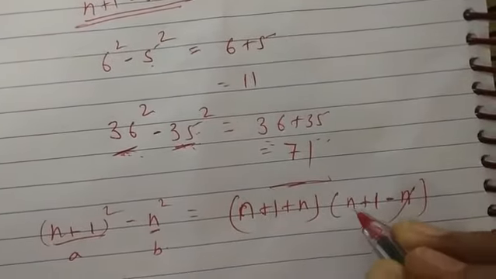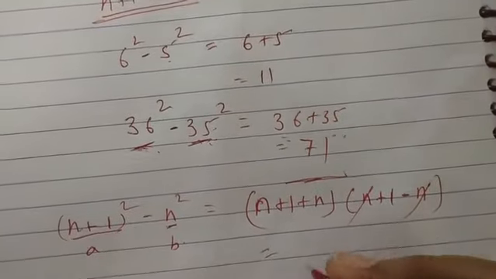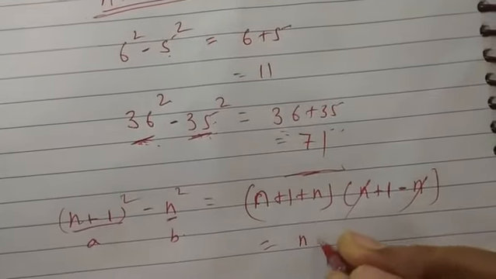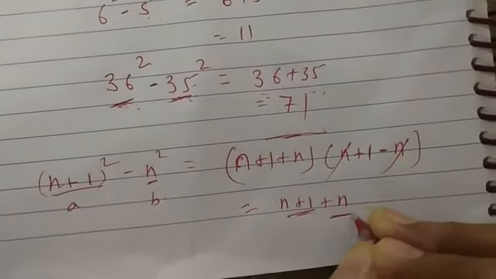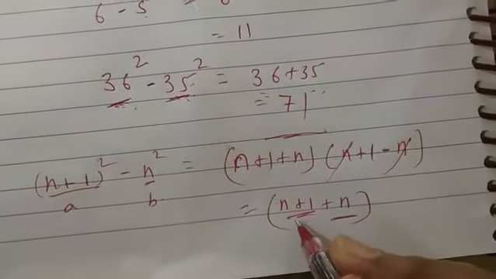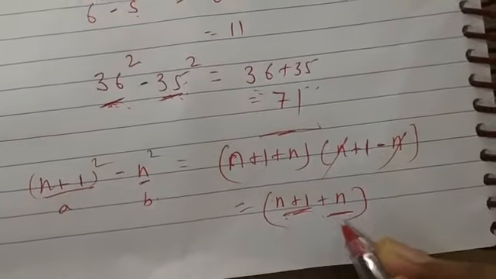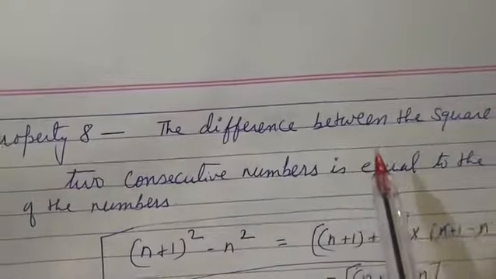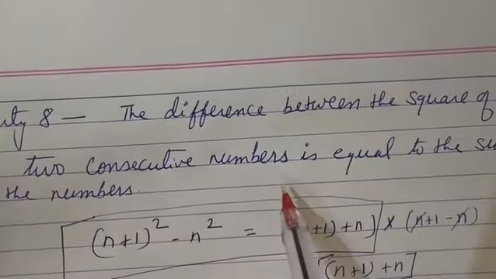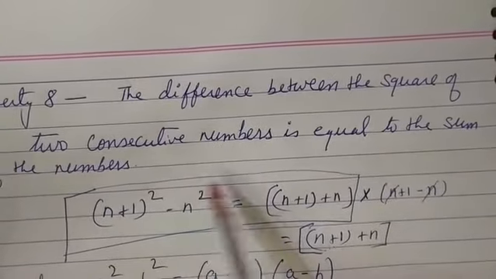Now this n and n will cancel and we will be left with only n plus 1 plus n. So this is the sum of the numbers, n plus 1 plus n, for (n plus 1) whole square minus n square. So the meaning is, the difference between the squares of two consecutive numbers is equal to the sum of the numbers.